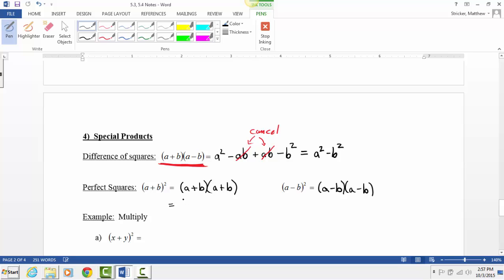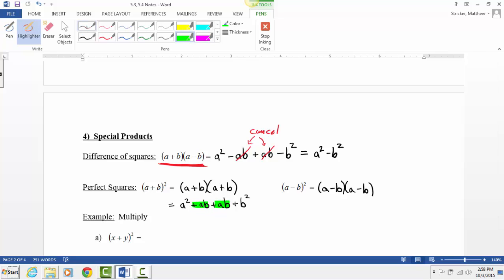Here we see a times a is a squared, and then a times b is plus ab, and then we have b times a, well that's another ab if we rewrite the order of multiplication, and then lastly b times b is b squared, and the two middle terms here are like terms.